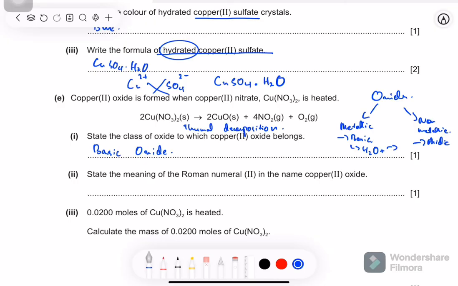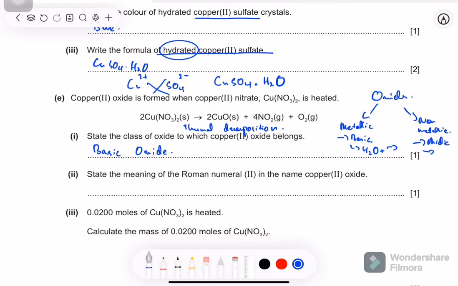For example, Na2O plus water equals sodium hydroxide, which is an alkali, a base. And non-metal oxides form acids. For example, P4O10 or P2O4, any oxide of phosphorus. Phosphorus is a non-metal.